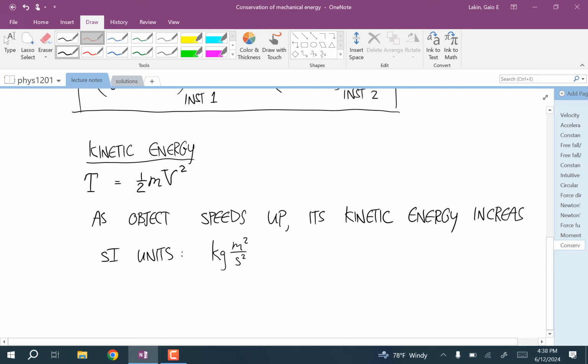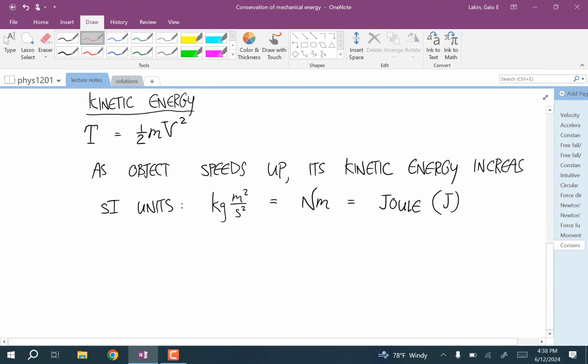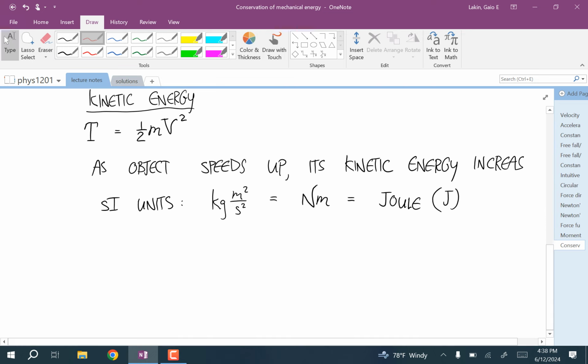Well, 1 Newton is a kilogram meter per second squared, so you often see this represented as newtons times meters. Those are the same thing. Since we're going to use energy so much, and these are both cumbersome to work with, we're going to call this unit a joule, and we'll represent it with an uppercase J. Okay, so that's kinetic energy, just this formula right here.